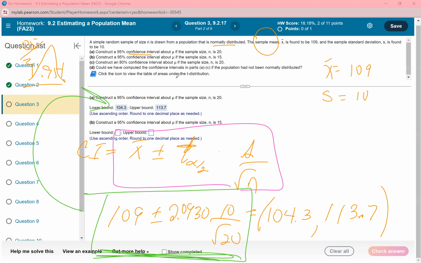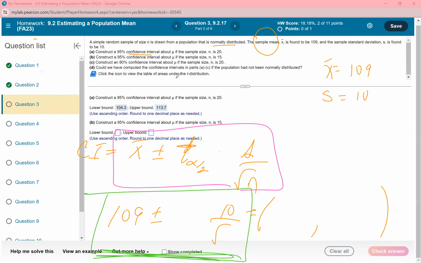All right, for part B, the mean still stayed 109. This t is going to change, and my sample size changed. This time, still 95% confidence, so still the 95 in the middle.